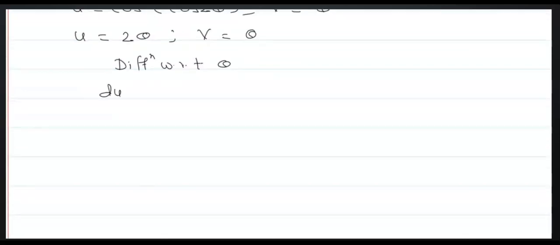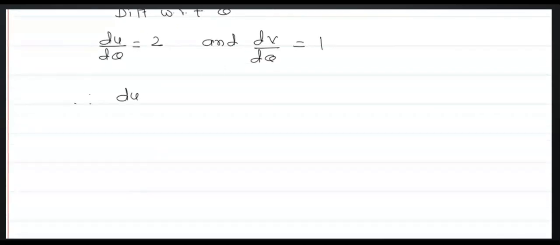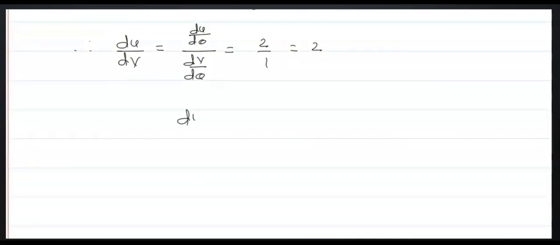Therefore, du upon d theta is equal to 2 and dv upon d theta is equal to 1, and therefore du upon dv is equal to du upon d theta upon dv upon d theta, that is equal to 2 upon 1, that is equal to 2. Therefore, du by dv is equal to 2.